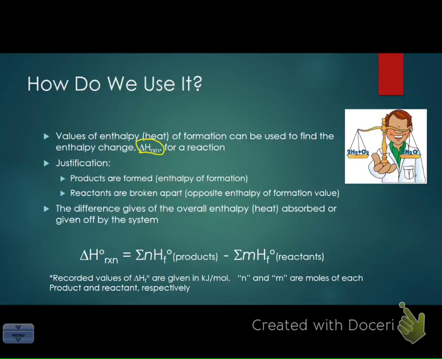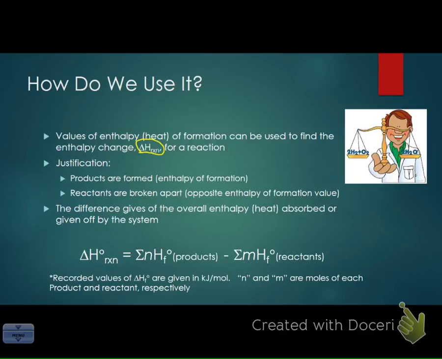So if we just subtracted and found the difference in energy there, because the reactants are going to be exactly opposite of what the formation is to break them apart, we can just find the difference between those two values, and that will be the leftover energy or the extra needed energy for the reaction, for the entire thing.